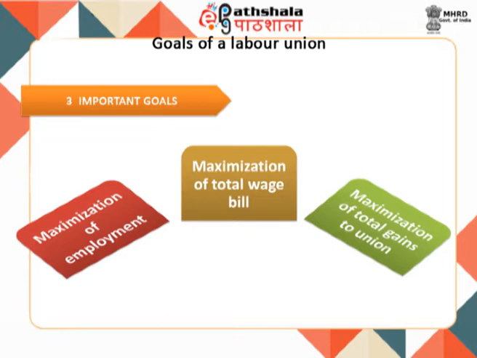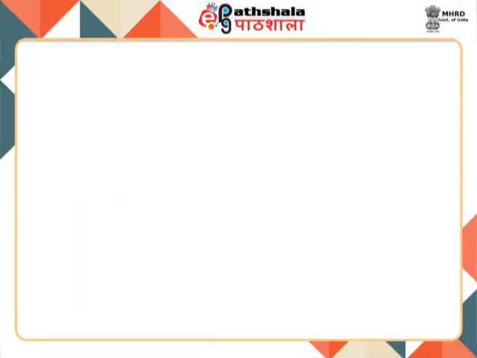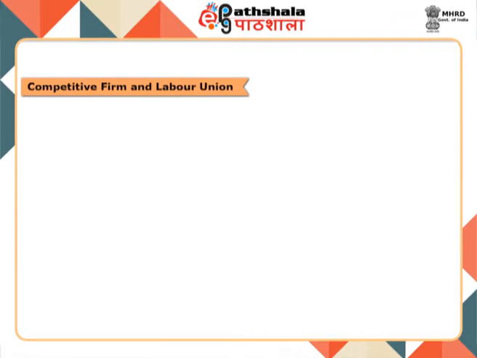Now we will study how a labor union attempts to fulfill its targets in order to determine the wage rate when there exists a competitive firm. Let us now discuss the concept of competitive firm and labor union with the help of a diagram. In the figure, we are measuring units of labor on the x-axis.